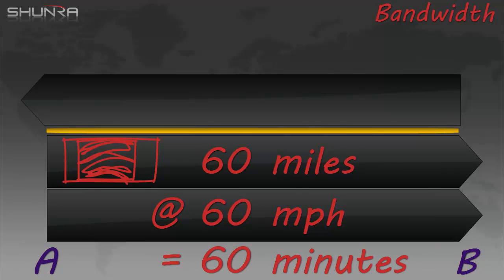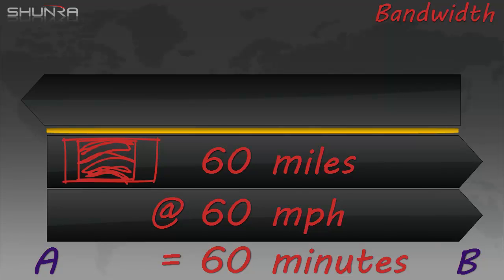Did adding 1 lane make a difference to that? No, it didn't. Why? Because whatever our latency value between point A and point B, the laws of physics tell me that at 60 miles per hour, going 60 miles, it's going to take me an hour. I could add 50 lanes or 50 times the bandwidth capacity. It's still not going to make a difference.